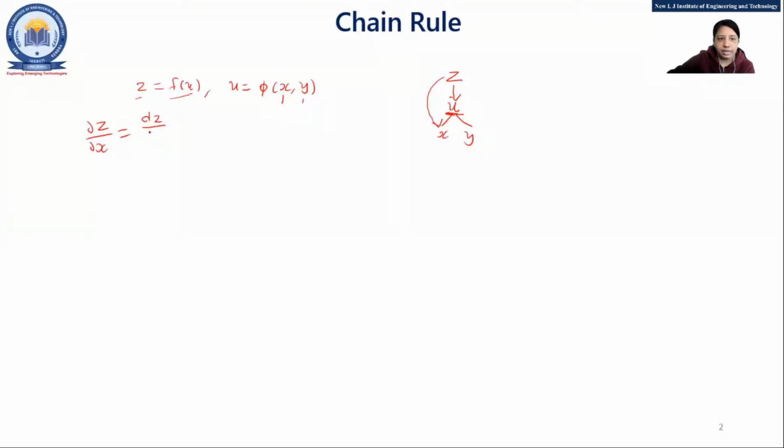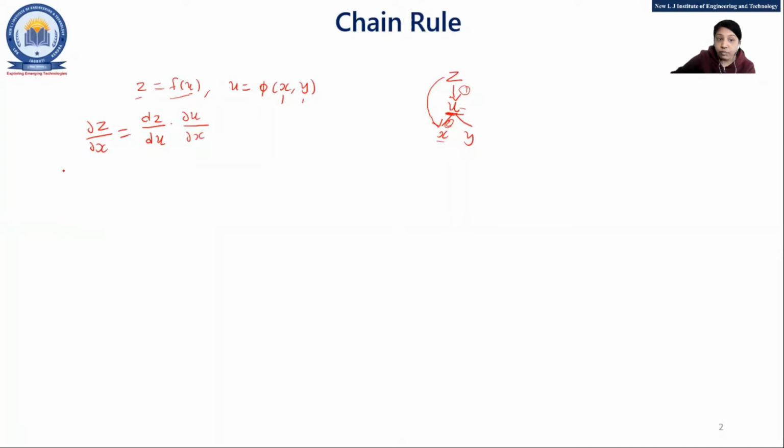So dz by du, this is my first rule, then I'll use the path u to x. See, u depends upon two variables, x and y, so I'll write del u by del x.